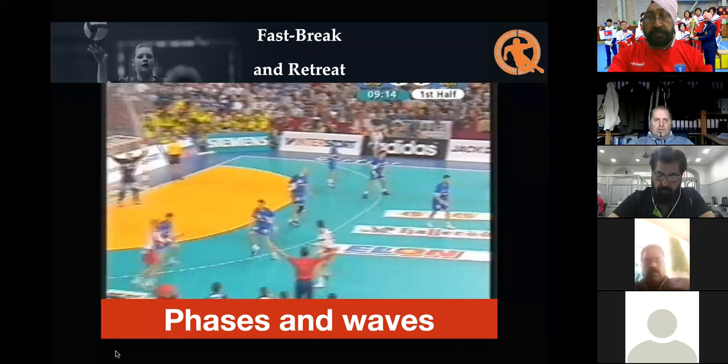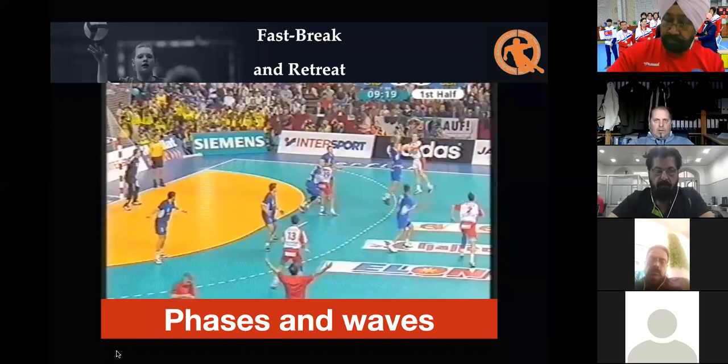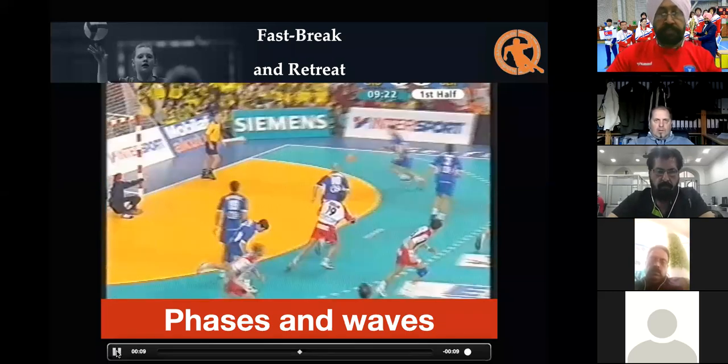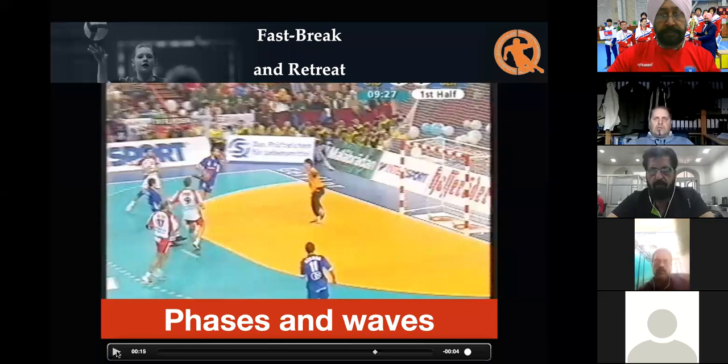So the referees didn't decide for a goal. Now, as you can see, they continue. And finally, in the final moment, again, 1, 2, 3 players from attack and 3 from defense in the retreat movement.